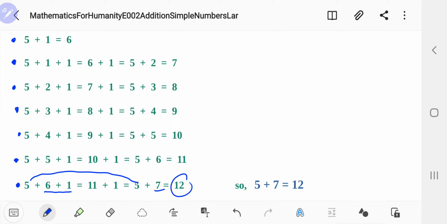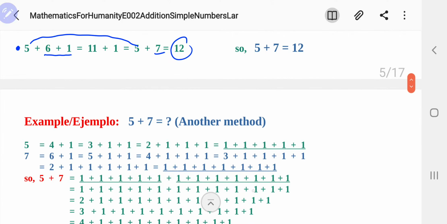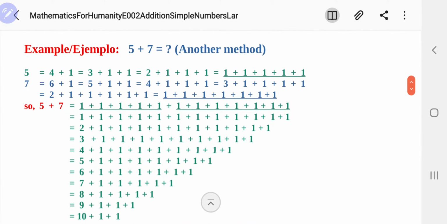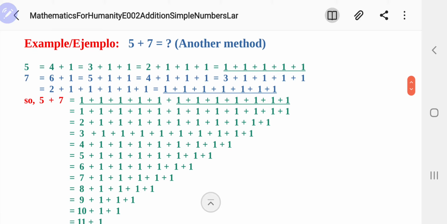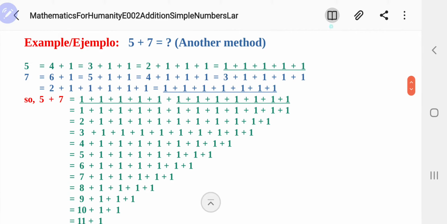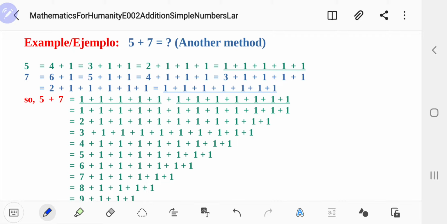Let's take a look at another method. What is 5 plus 7? Here's another method.